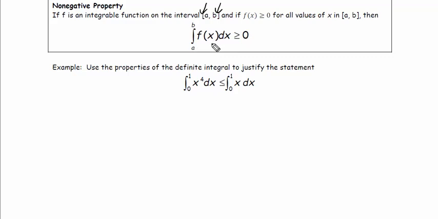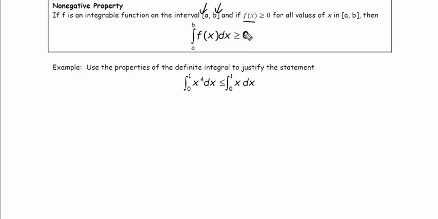So that does make sense, because if the function f of x is always greater than 0, then you would have a positive value that you're trying to find that is between the x-axis and the curve. So that's just like the standard area that we've been finding.